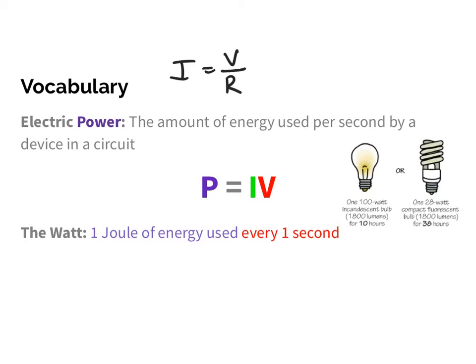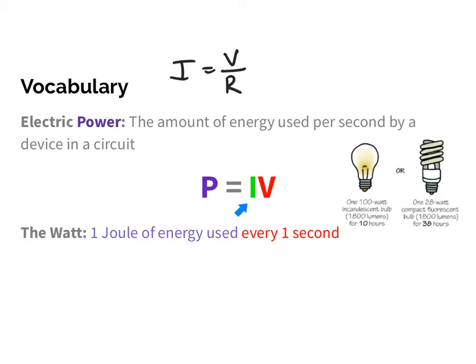But the idea is that the amount of energy used by something is going to depend on 2 things. It's going to depend on the voltage. And the voltage is going to be how much energy is actually being supplied by the voltage source to that individual component. It might be all of the energy, so let's say it's 9 volts. It might be all 9 volts, or, if there's multiple components within the circuit, it might be a part of that 9 volts.